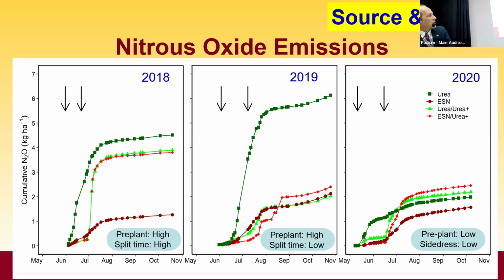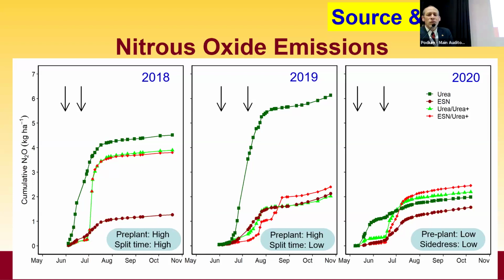In 2019, we only had high potential for nitrous oxide emissions happening at pre-plant time. And so you see urea really losing quite a bit, but the split applications did just as well as the pre-plant ESN. And then 2020 was dry, and so we have pretty low potential both at pre-plant and split application timing. And so there was little loss, and all the treatments were pretty similar.